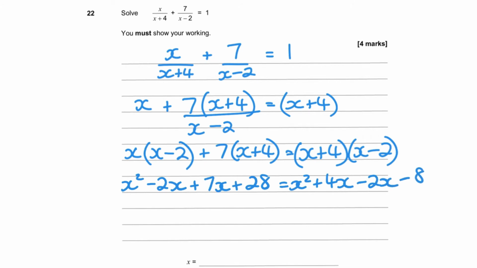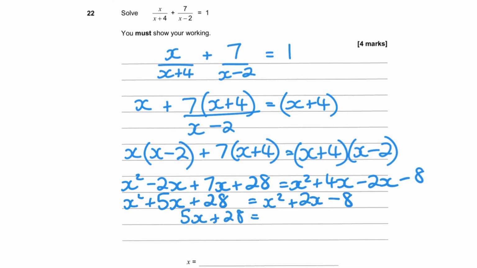So if we gather up our like terms, we've got x squared plus 5x plus 28 is equal to x squared plus 2x minus 8. So if we minus x squared from both sides, we get 5x plus 28 is equal to 2x minus 8.